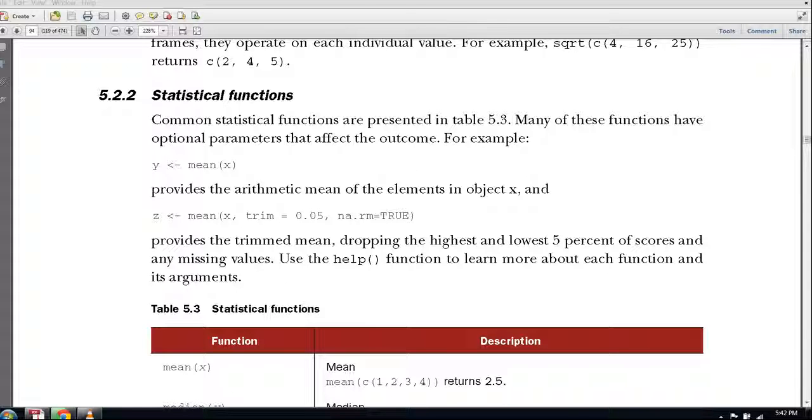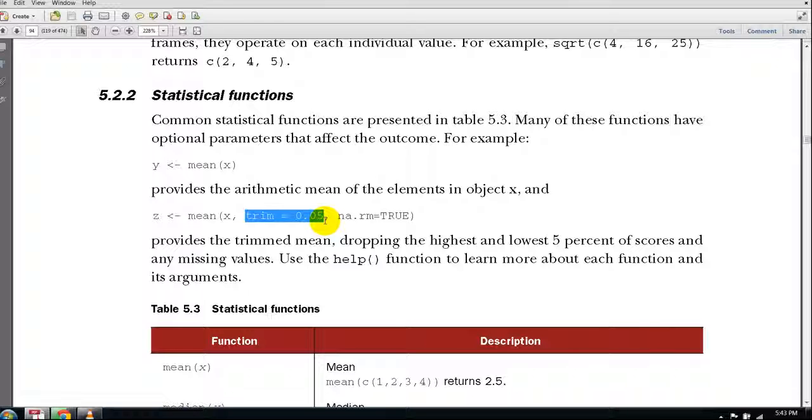Okay, statistical functions. So we've seen the mean, and this one, I don't know if we talked about this, but here we trim: we don't include the highest 5% of the data in our vector, and we don't include the lowest 5% of data in our vector. So that's what that does.